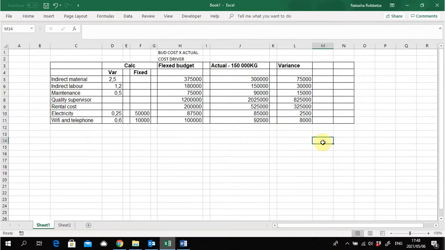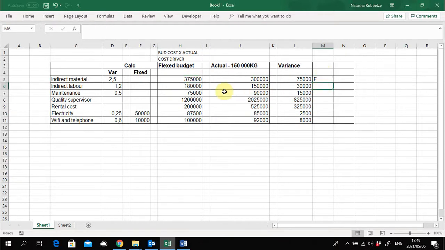Right. Lastly, we need to indicate whether these variances are now favorable or unfavorable. So this is how we will argue. In accordance to the budget, I was allowed to spend 375,000 Rand, and I actually spent 300,000 Rand. So I spent less than the budget allowed me to. And because I saved money, this would be favorable.